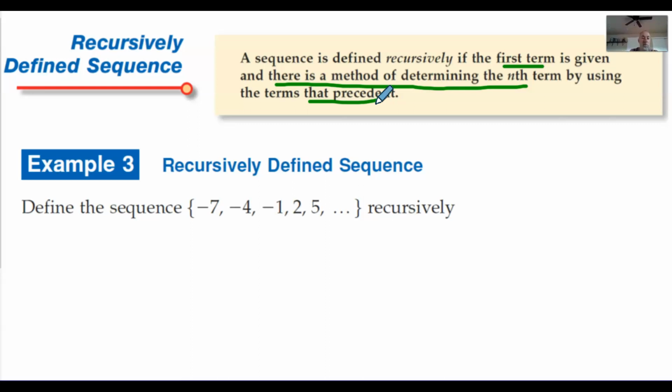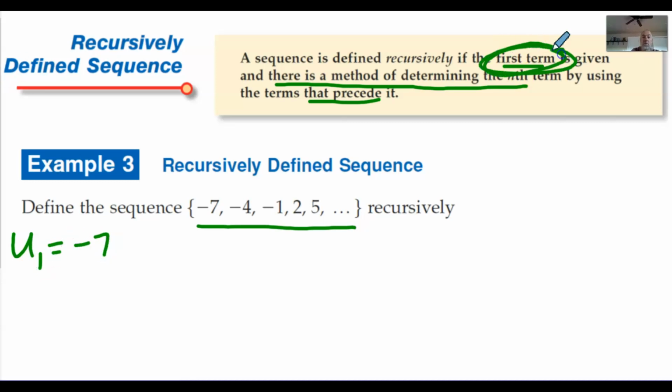In this example, you're given a sequence where the first five terms are given. The first term is -7. I know the first term, that's part of finding a recursive sequence. The second term is -4.